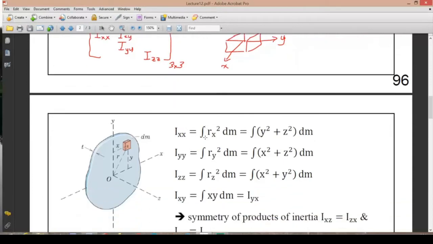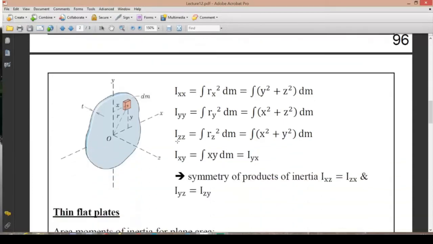The idea is the same, actually. So we're going to calculate, for example, Izz. So this is our z-axis for this rigid body. This is a thin plate, but doesn't matter at the moment. If we're going to use this Izz, then we need to find the distance information of this dm with respect to the x and y axes, and we're going to call the distance to the y-axis as x, and then the other one as y.